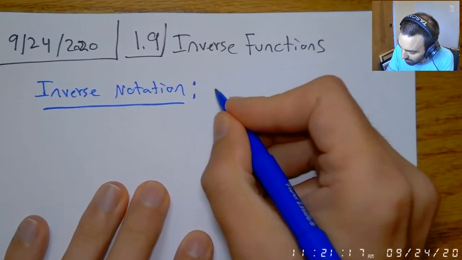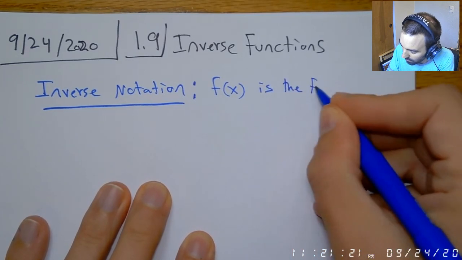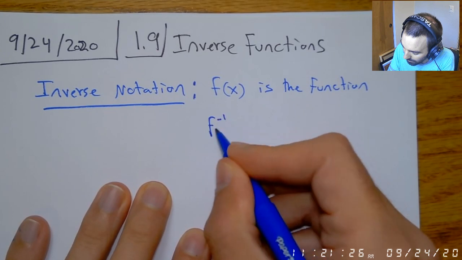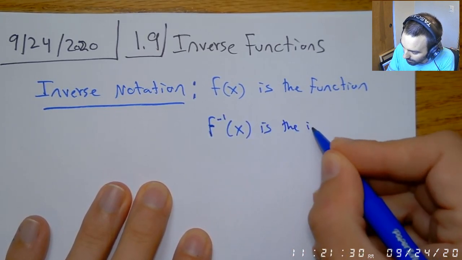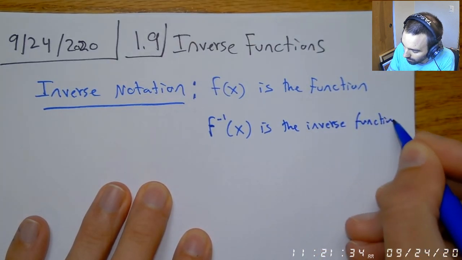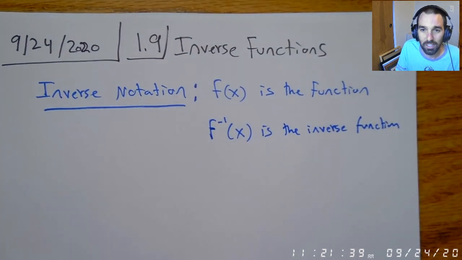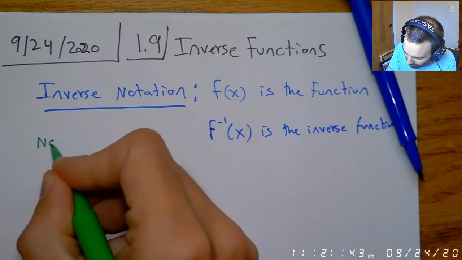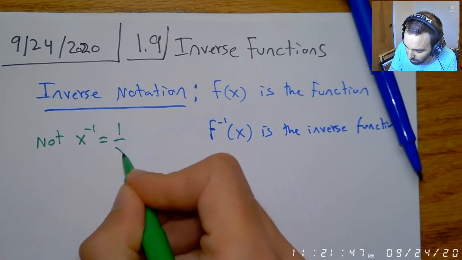So if f of x is the function, then f to the -1 is the inverse function. Okay, so that is our notation. Now notice how that can be confusing, right? Because it's not this, because this just means you flip it.